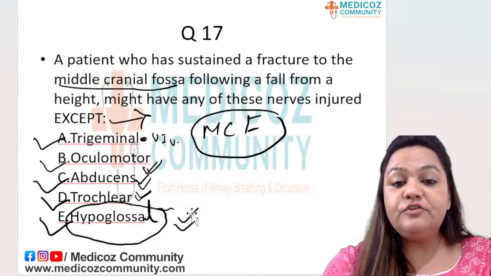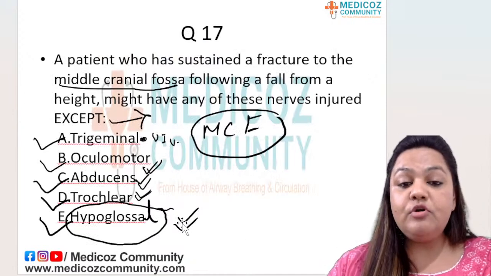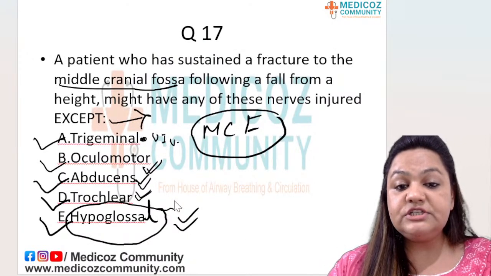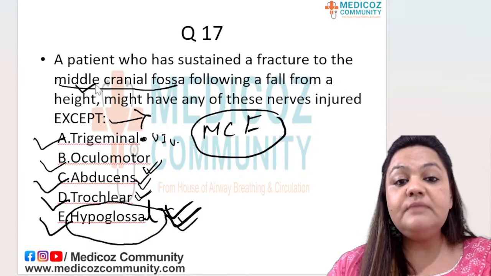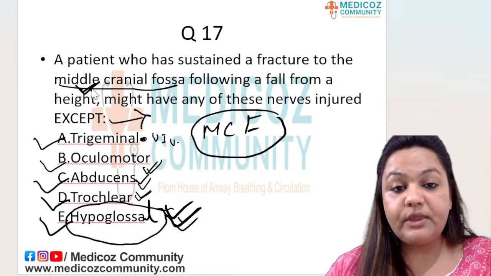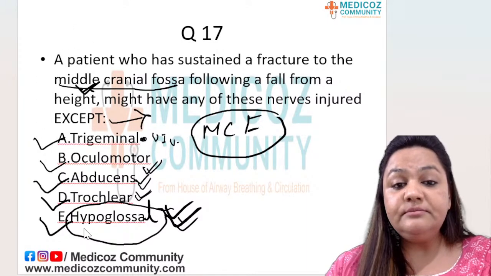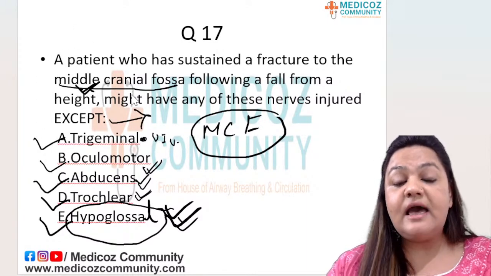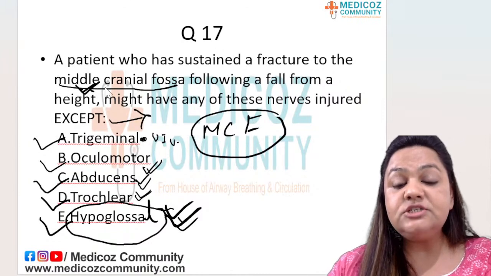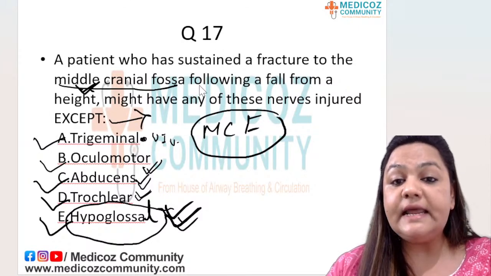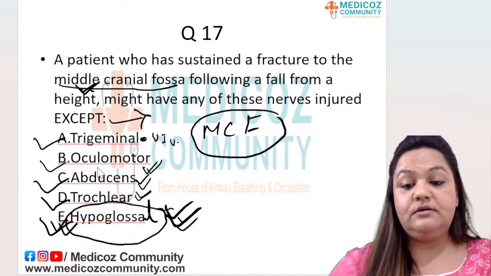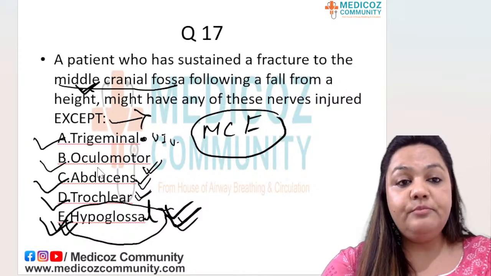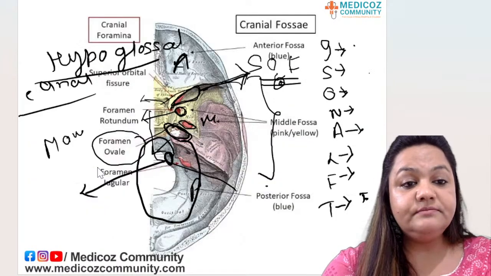So the answer is the hypoglossal nerve, which cannot be damaged in a fracture of the middle cranial fossa. This was about the structures and nerves passing through the foramina of the middle cranial fossa, and the answer is option E. I hope I am clear to everyone.